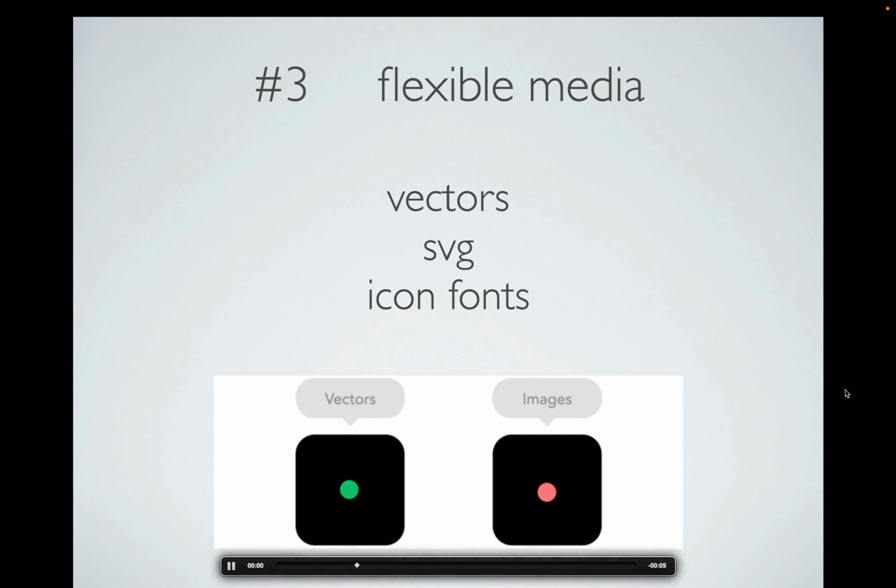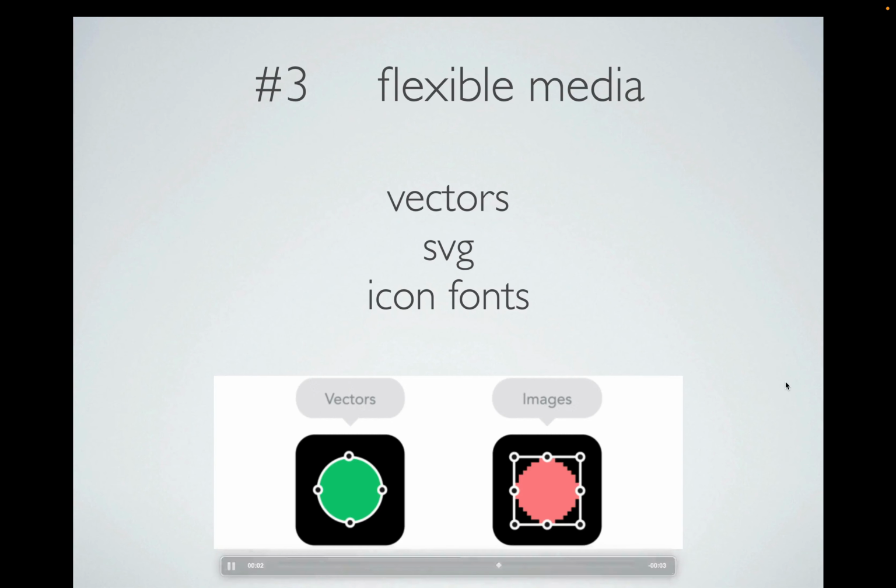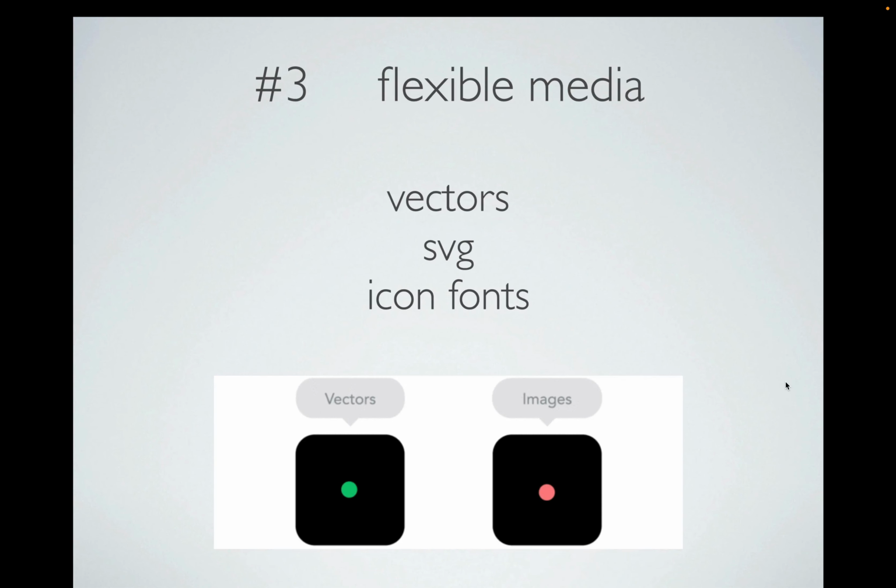In this example, the vector defines the circle, whereas if it's an image of a circle, once you blow that up past its intrinsic size, it's going to pixelate because it doesn't have that information. The information that a pixel-based image has is the pixels. And once you make it bigger than it should be, then you can see the pixels with your eye. So this is why we would prefer vectors if it's something that's suitable for vectorizing.